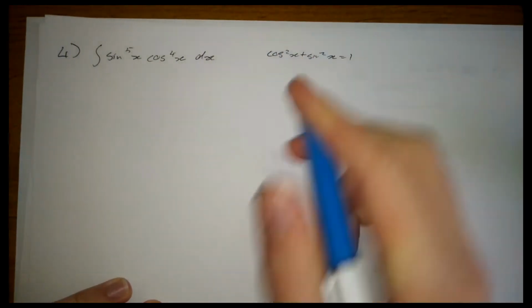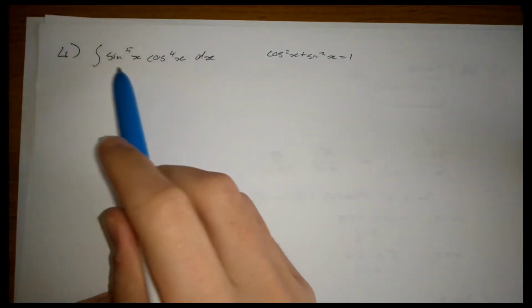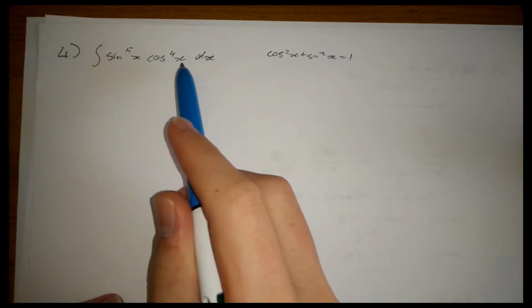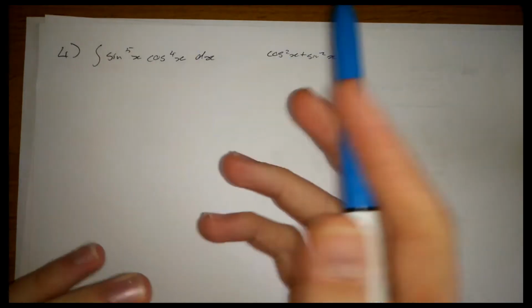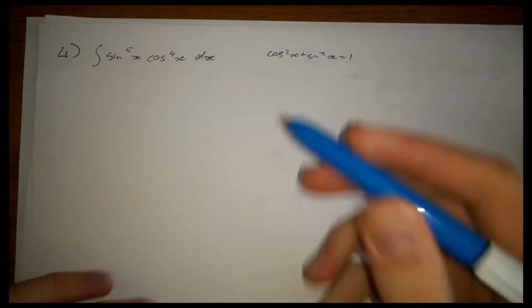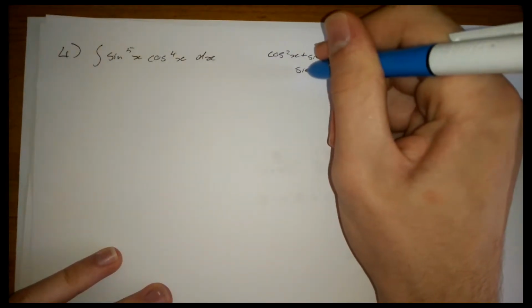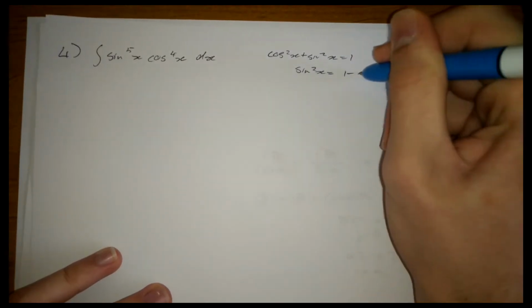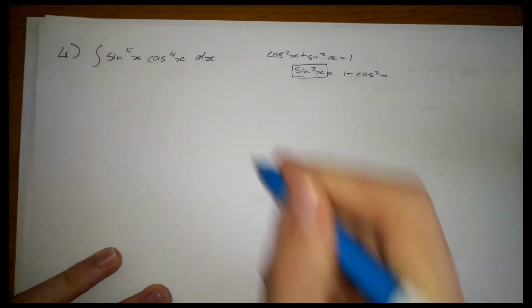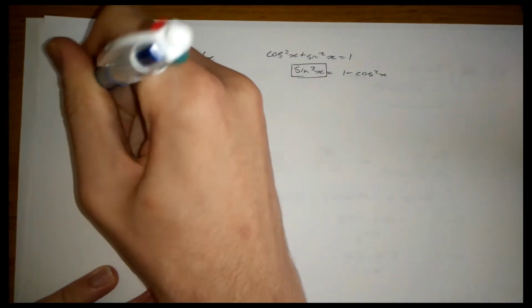Eventually we want to get everything in terms of sine x cos to the power of nx, so that we can use the chain rule to integrate. So we need to get everything in terms of 1 minus cos. So if we substitute that into here, we'll be good.